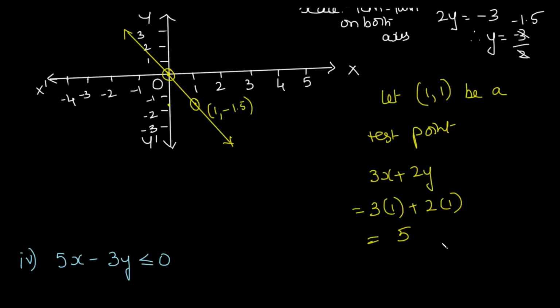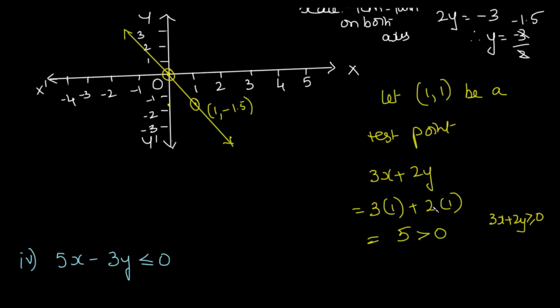And in this case, according to the question that is given to us, 3x plus 2y is greater than or equal to 0. See, the question was 3x plus 2y greater than or equal to 0. So in this case, 5 obeys that particular condition. Isn't 5 indeed greater than 0?